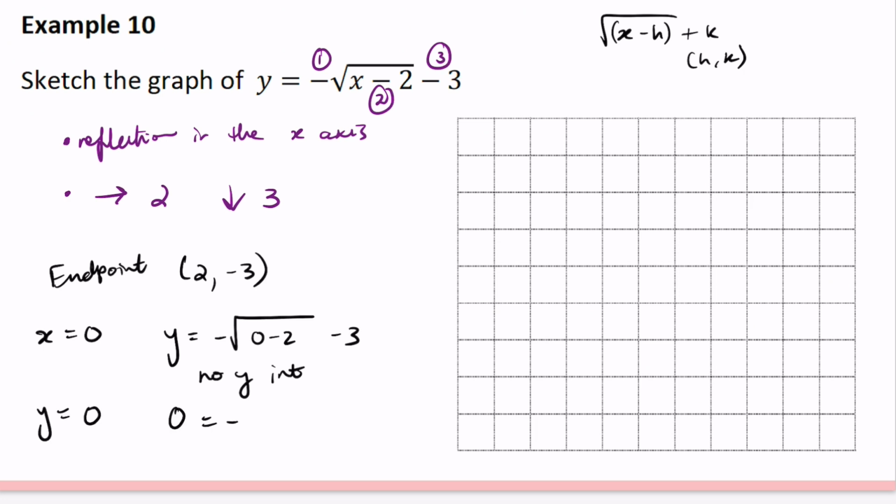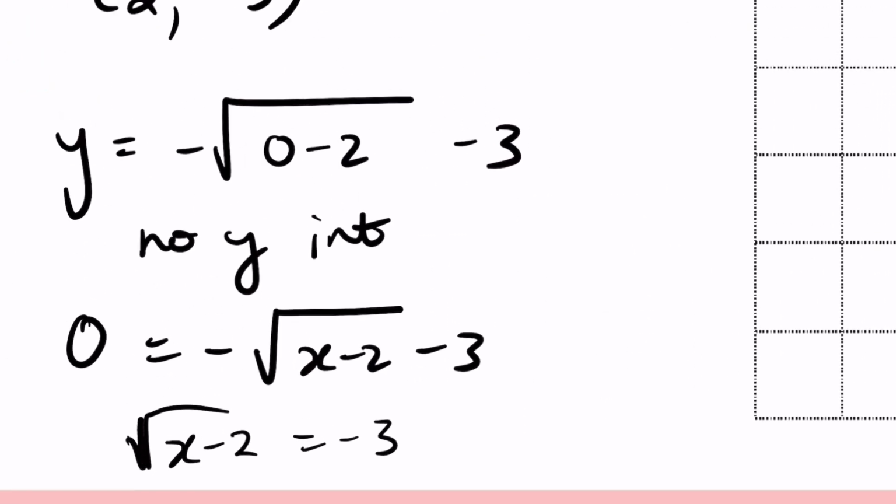So that'll be 0 equals negative root x minus 2 minus 3. I'm just going to take the whole square root over to make that positive. So that'll be root x minus 2 is equal to negative 3. Now, even though algebraically this will work, right? All I have to do to get the square root over is to square both sides. In terms of it making logical sense, it won't really work because you can't take the square root of any number to give you negative 3.